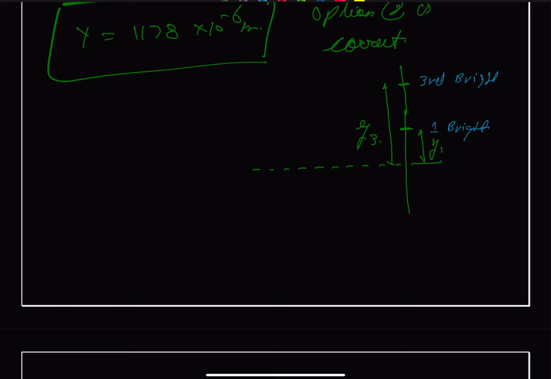And we are supposed to find out this distance, that is, we need to find out y3 minus y1. Okay, so in this way also we can easily sort it out. Next question.